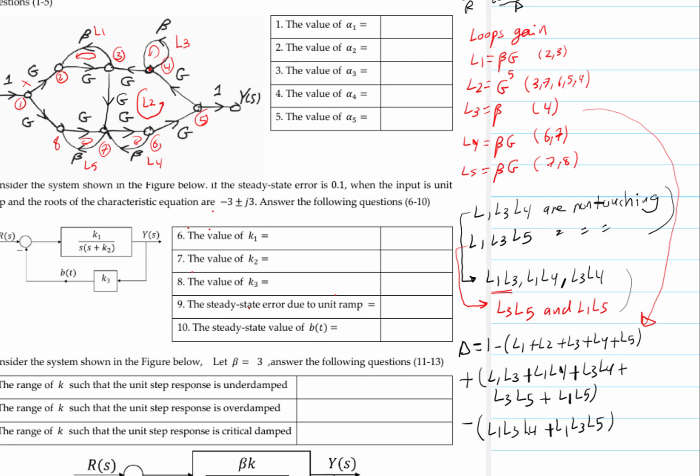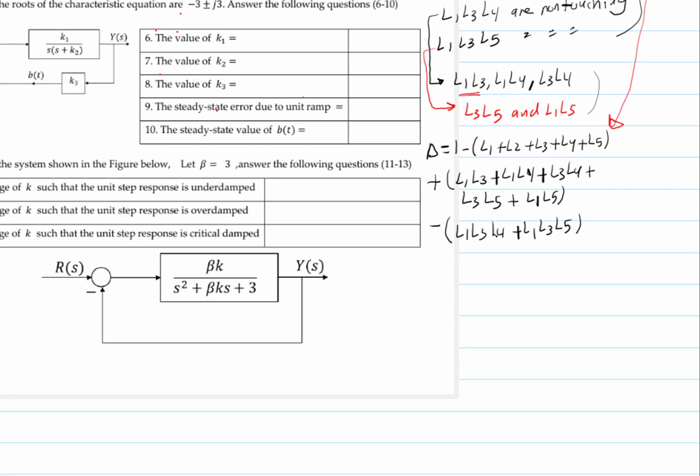Now if we do so, we can write the determinant as delta equal to 1 minus 3 beta g plus beta plus g to the power 5. Then for the 2 non-touching, if we collect the terms, this will be 3 beta square g plus 2 beta square g square. For the 3 non-touching, we have 2 beta cube g square.